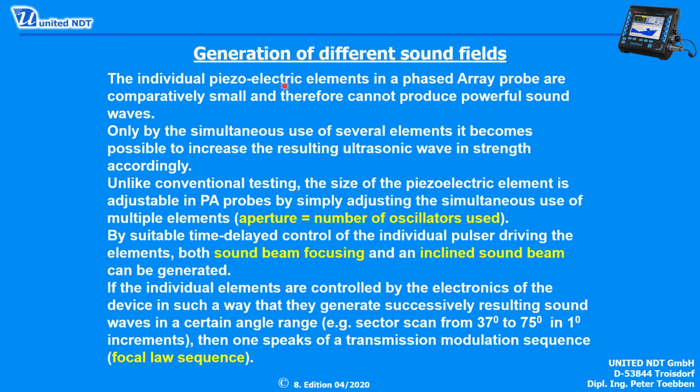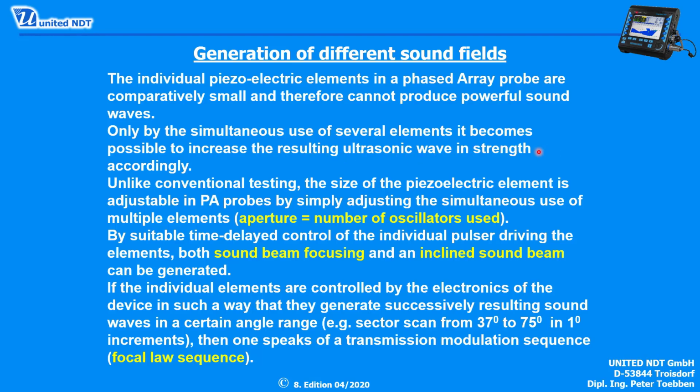Actually, the piezoelectric elements in the phased array probes are very, very small and therefore cannot produce powerful sound waves. Only if we use several of them simultaneously does it become possible to have a sound wave with high amplitude.